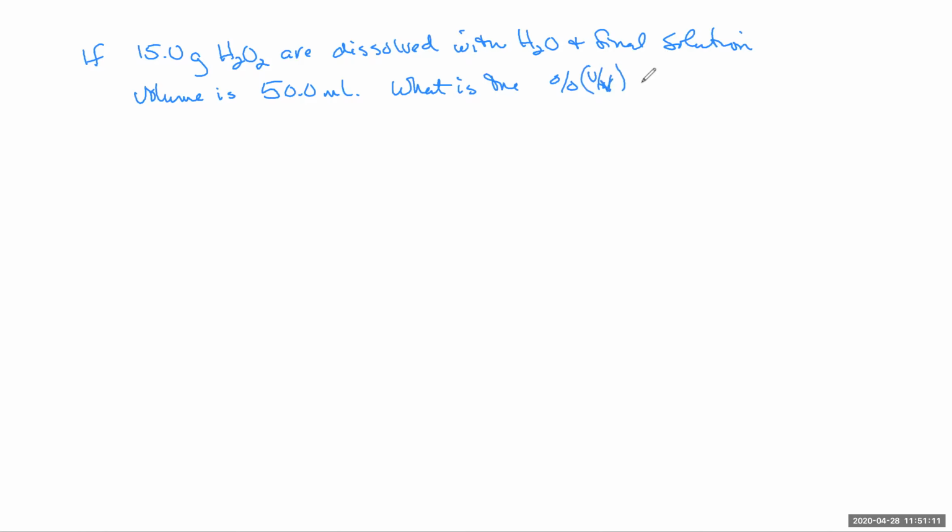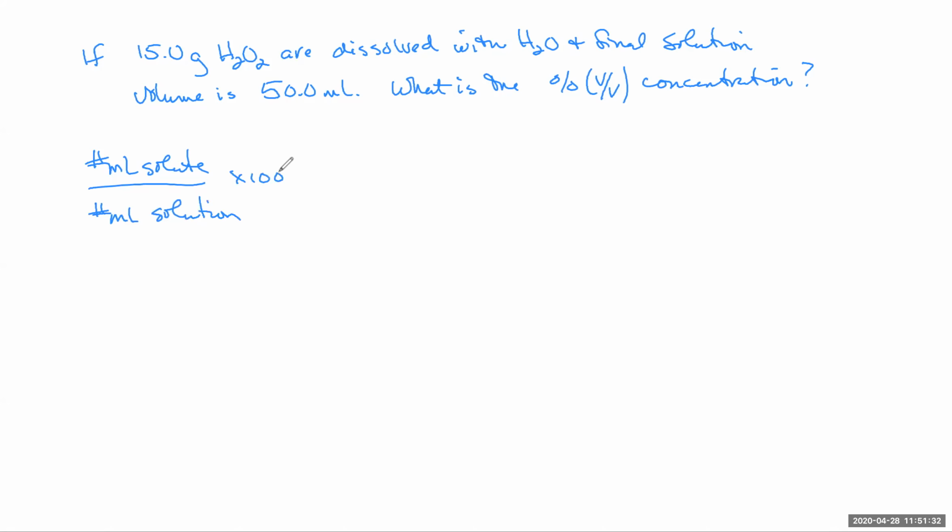That's a W, sorry, concentration. And so if we're talking about volume to volume, then I want to use my number of milliliters of solute divided by my number of milliliters of solution times 100. So in this problem, this is my solute, and this is my solution.